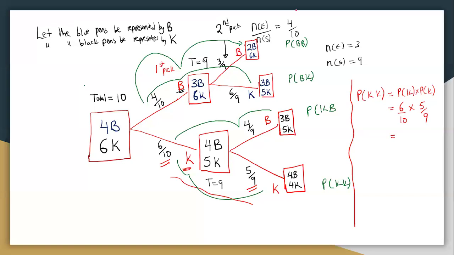When you are multiplying like such, you multiply the numerators. So you say 6 times 5 out of 10 times 9. What is 6 times 5? That gives me a 30. And then what is 10 times 9? This one will give you a 90. Then feel free to reduce it. 30 divided by 90, I end up with 1 out of 3.